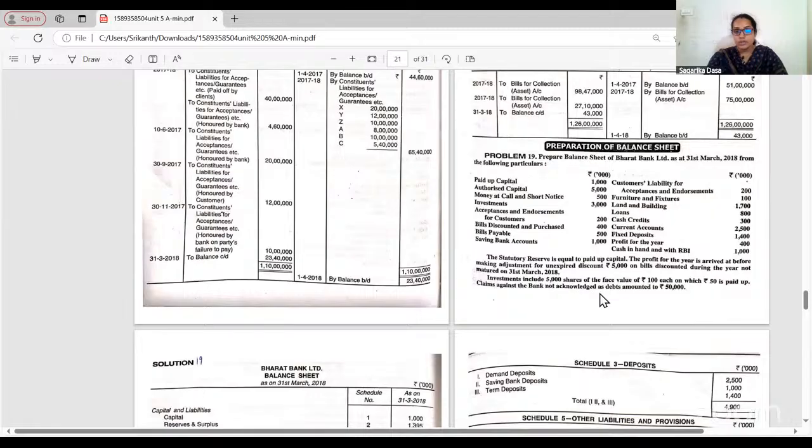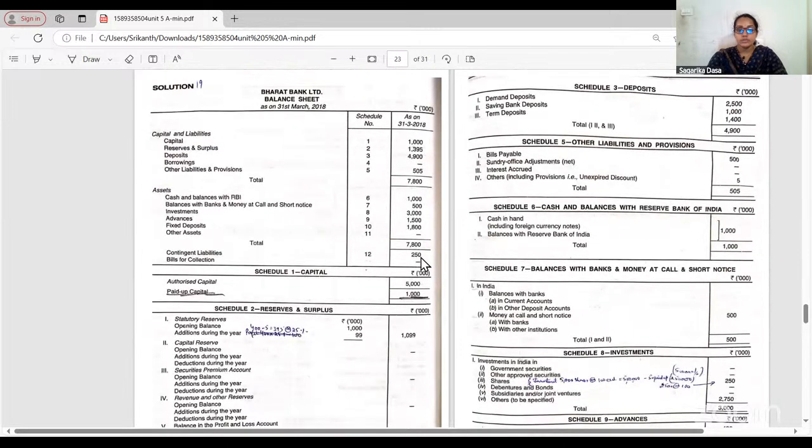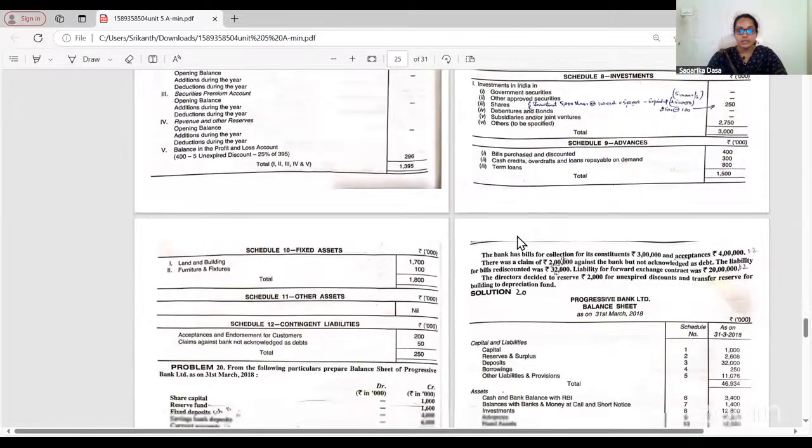We just take this amount, but we will not add it to any other figures in the balance sheet. This is how your balance sheet will be prepared. I hope you understood the balance sheet.